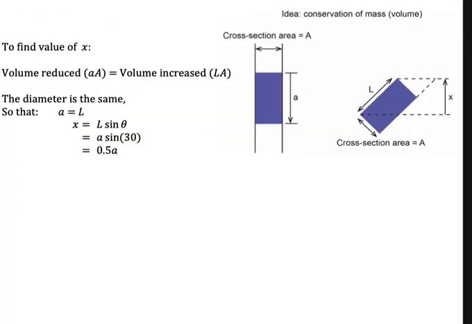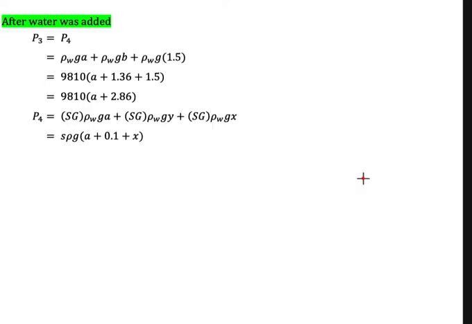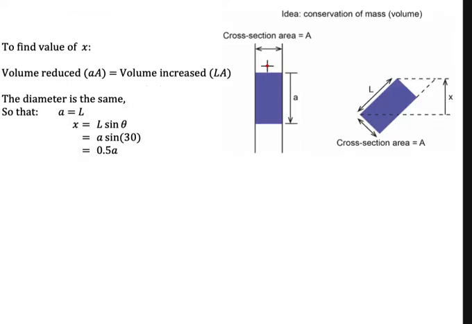Then we need to do some analysis between the vertical decrement here, the vertical cylinder, and the inclined cylinder here. Because mercury is an incompressible fluid, the volume remains constant. So the volume at this one must be equal to the volume at this inclined area.